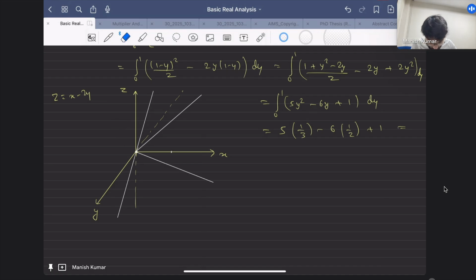I don't know how to draw it properly. Maybe you can join these lines. This plane cuts the xz plane around here, so the plane could be like this. How should I draw this? I don't know how.